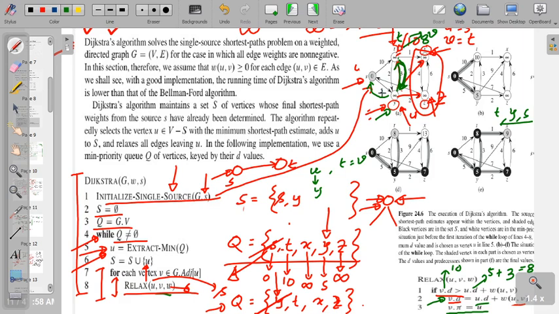Finally, maybe one shortest path could be this. That could have been also the case. Okay, so this is the way.